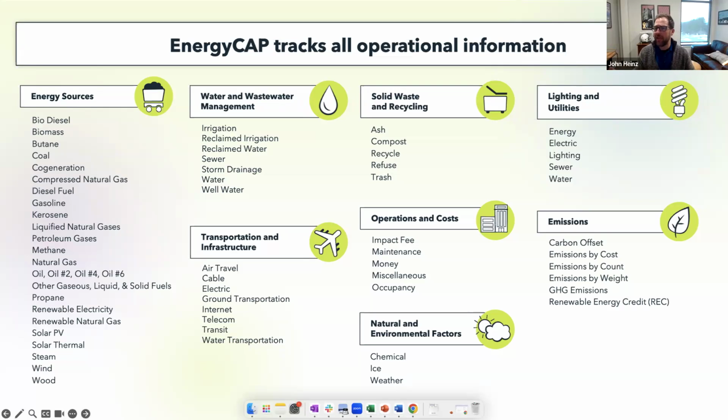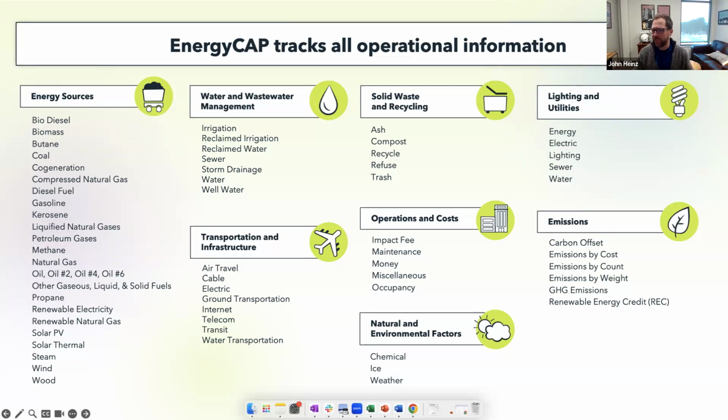There's internet and telecom and waste and a lot of water commodities, not just water and sewer. There's irrigation and fire protection and other types of things that you might need to bucket and report on. There's impacts of occupancy. You have maintenance fees, you have snow removal and lawn care. You have maybe some solar generation or other types of renewable generation. There's a lot of different impacts that affect the costs to operate a building.